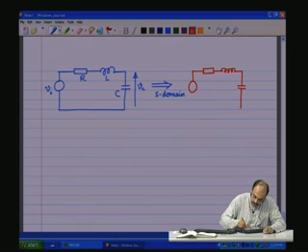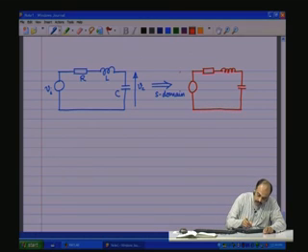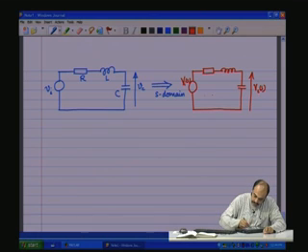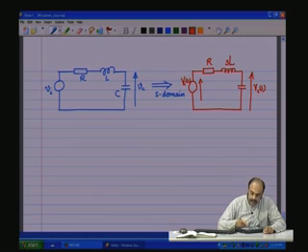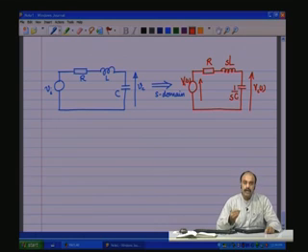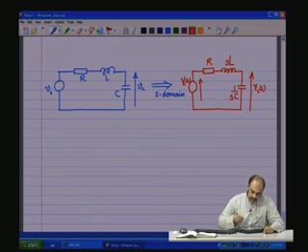So the input Vi becomes Vi(S), a function of S, the output is Vc, a function of S. R remains as R, the inductive reactance in the Laplace domain is S L, the capacitive reactance in the Laplace domain is 1 by S C, and you have your circuit in the Laplace domain.